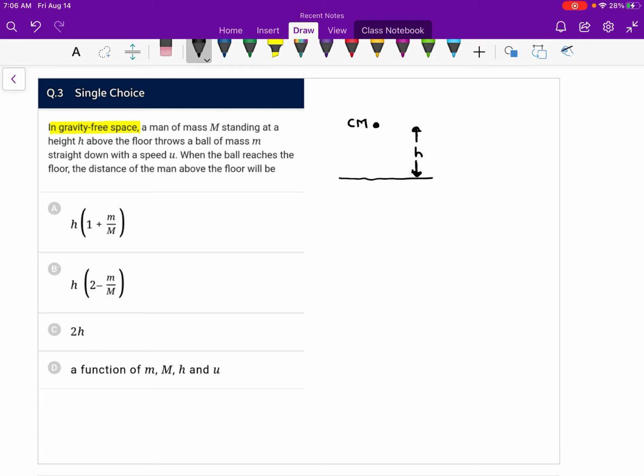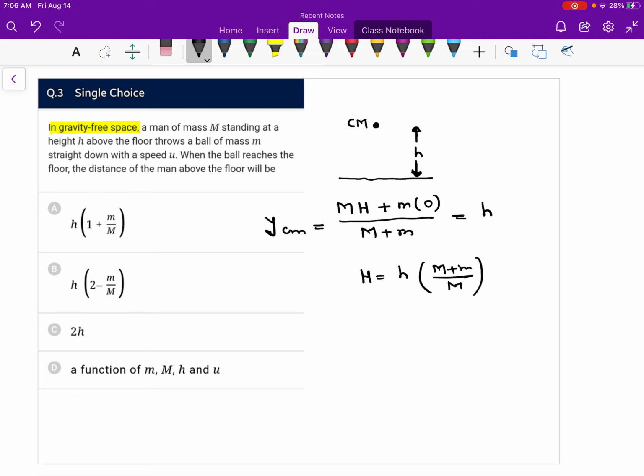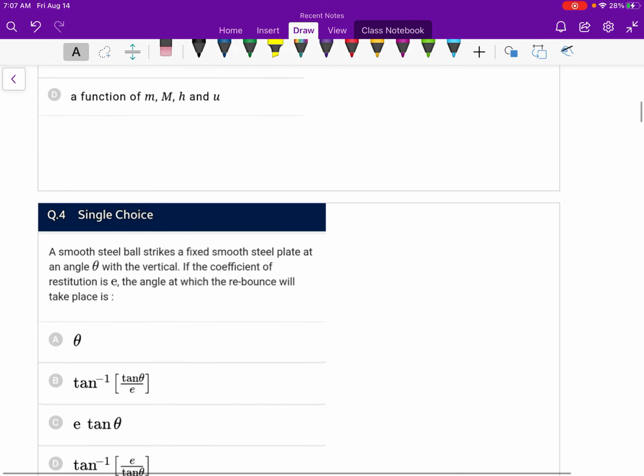Let's say capital H is the y coordinate of the man, so capital M into capital H plus small m into 0 upon capital M plus small m is the y coordinate of the center of mass, which remains fixed at h from the floor. So capital H is small h times (capital M plus small m) upon capital M, which is 1 plus small m by capital M. So A is the correct option.